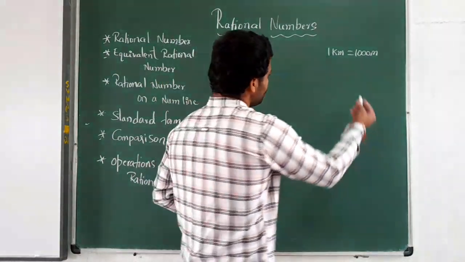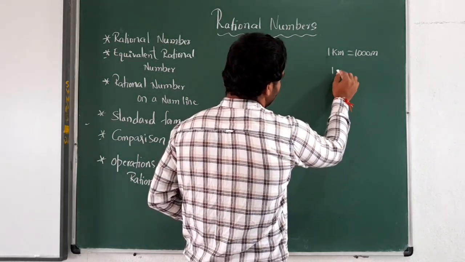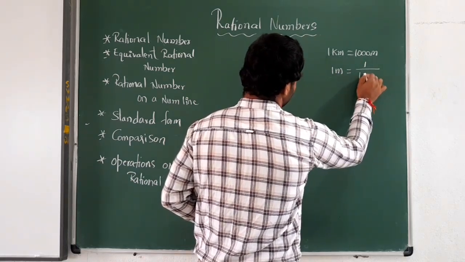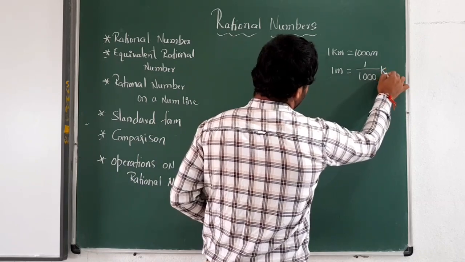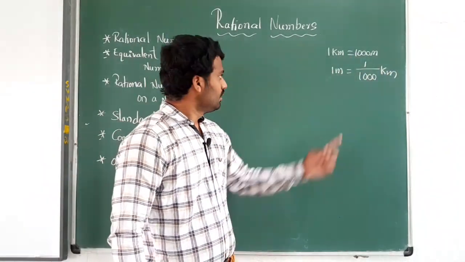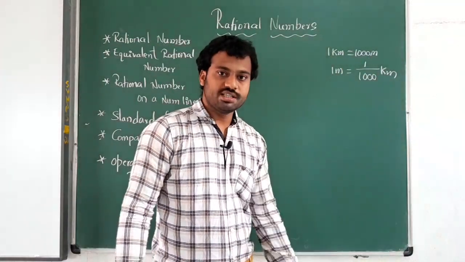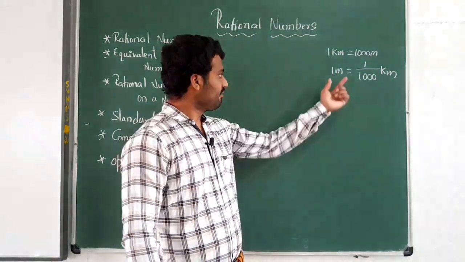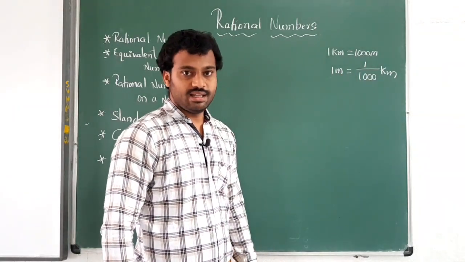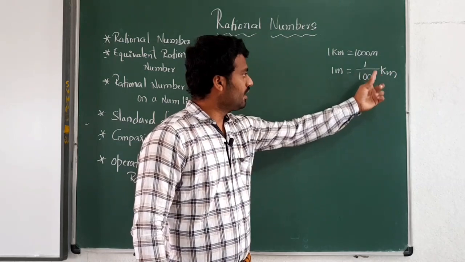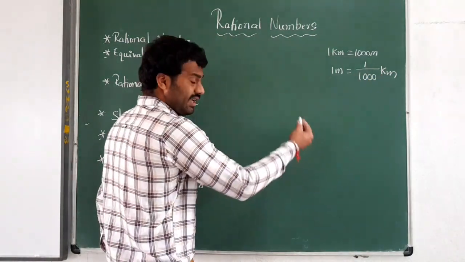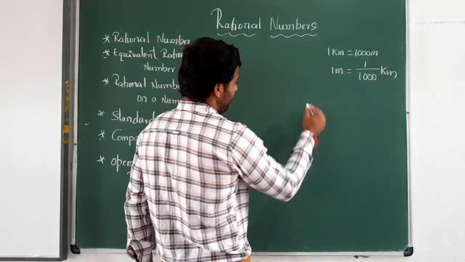So 1 meter is equal to 1 by 1000 kilometers. We know already that 1 kilometer is equal to 1000 meters, and with that I find 1 meter in terms of kilometers: 1 by 1000 kilometers. Now I multiply both sides by 500.